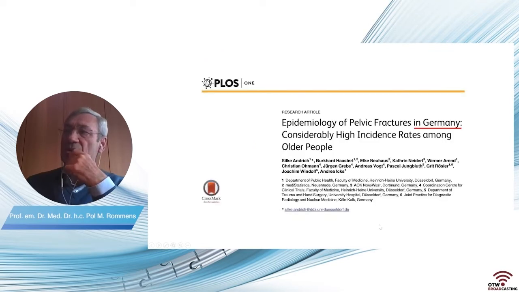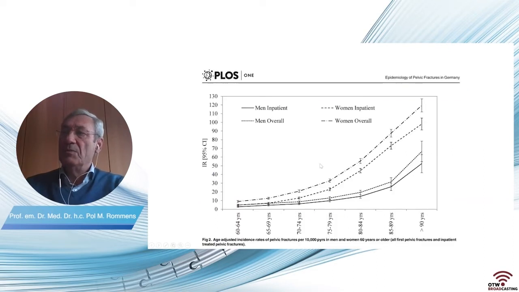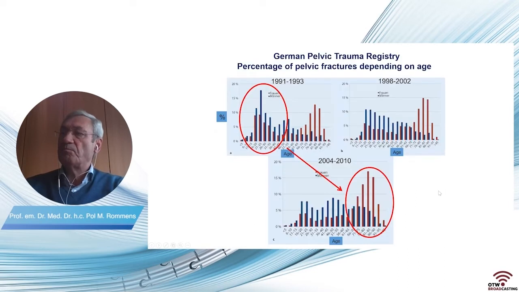The same is true in Germany, where we have the following publication on the epidemiology of pelvic fractures, and you see the title, Considerably High Incident Rates Among Older People. And one of the graphics in this publication shows a steep increase of the incidence of pelvic fractures in all patients of 80 and above, even of 75 and above, be it women or men.